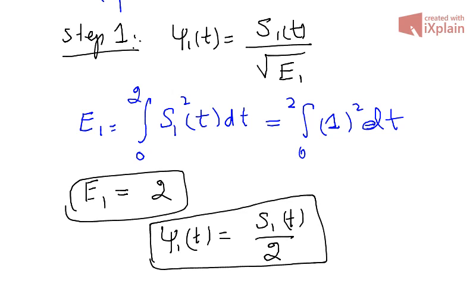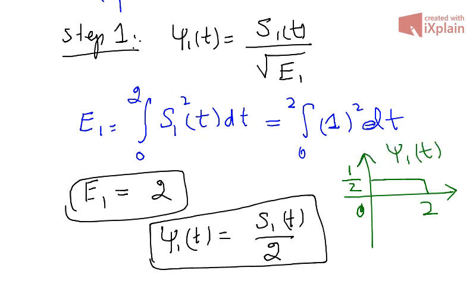And if you want to plot it, you can plot your psi1 of t, which is the same signal S1 of t from 0 to 2, but the magnitude is divided by root 2, right? So this is your psi1 of t plotted.